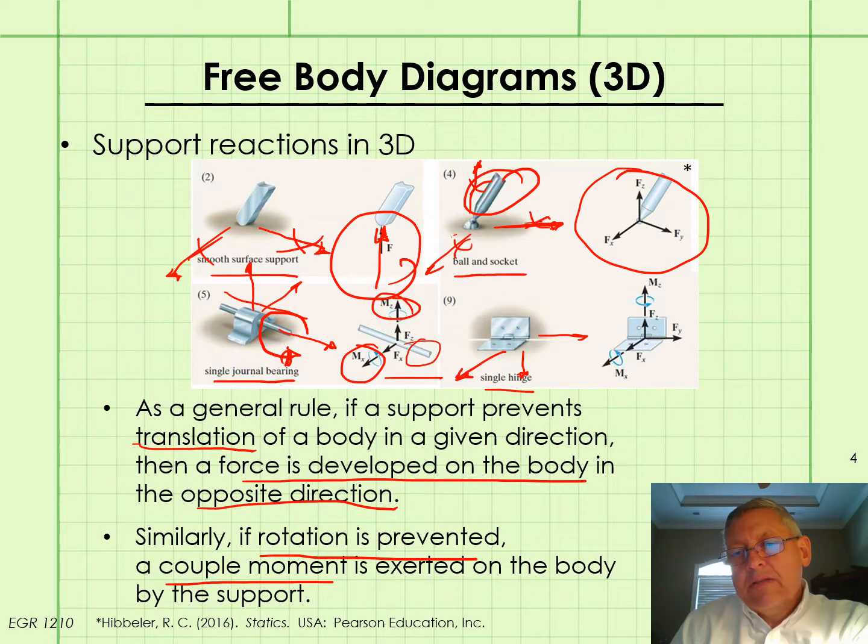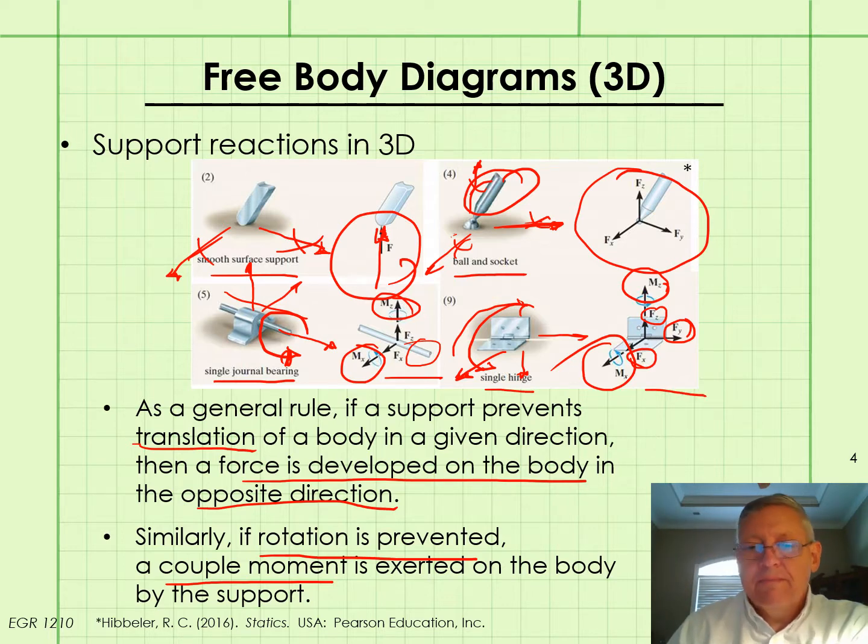And so we show those 3 reactions. And the only rotation motion it allows is the opening and closing of the hinge. Okay, so we're not going to show that moment, but it restricts rotation along the other 2 axes. So when we have a hinge, we're going to show 5 out of the 6 support reactions.